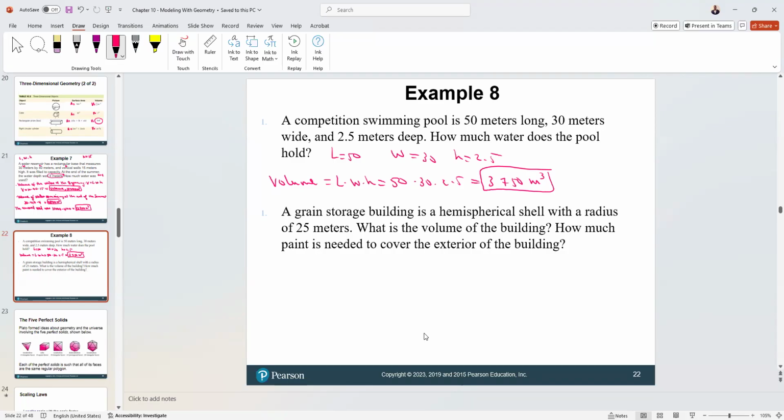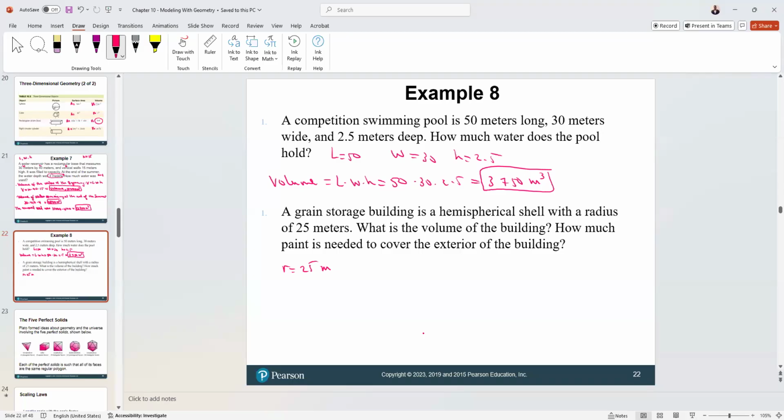We have a radius equal to 25. It is a hemisphere, like half of a sphere. What is the volume of the building?